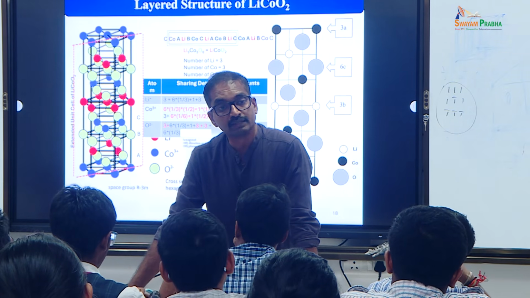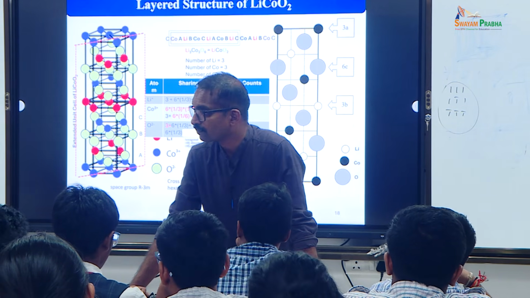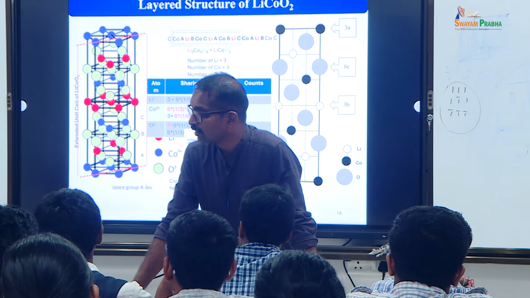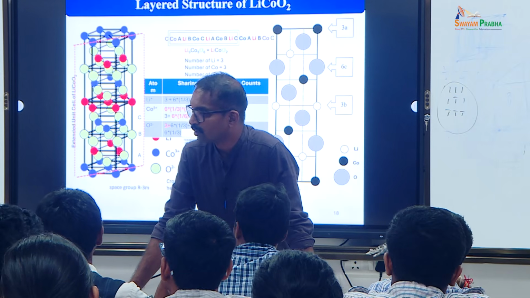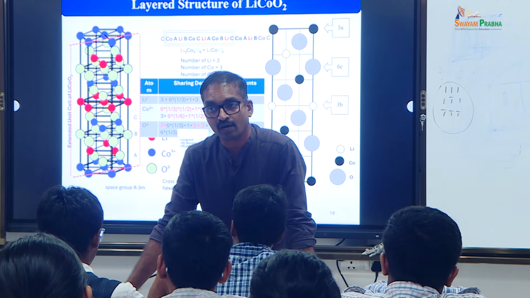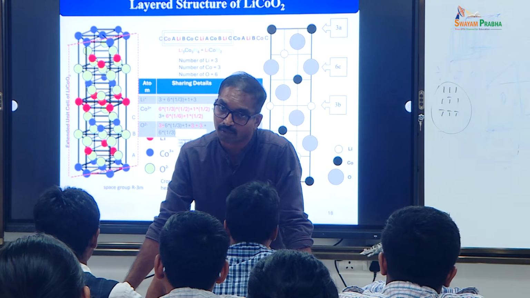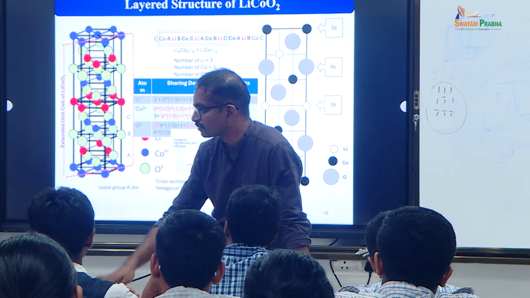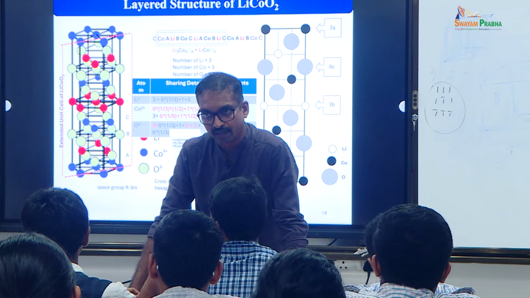Put the chloride ions in the body center and edge center. Calculate, there also it will be 4 sodium, 4 chloride. So either way we can represent. You can make a lattice out of chloride or you can make a lattice out of sodium. Same lattice. In the void you can exchange the atoms, either sodium or chloride.